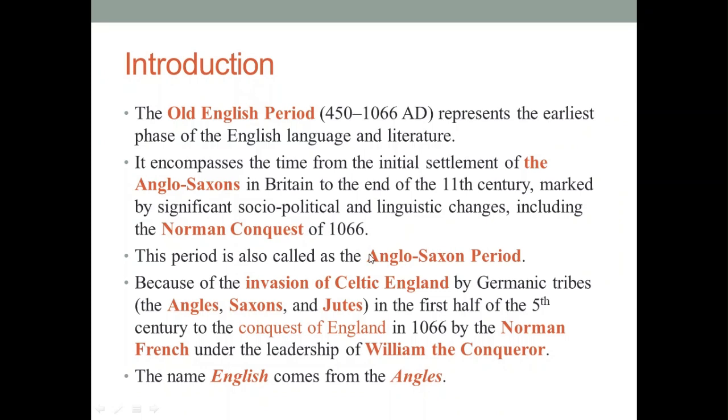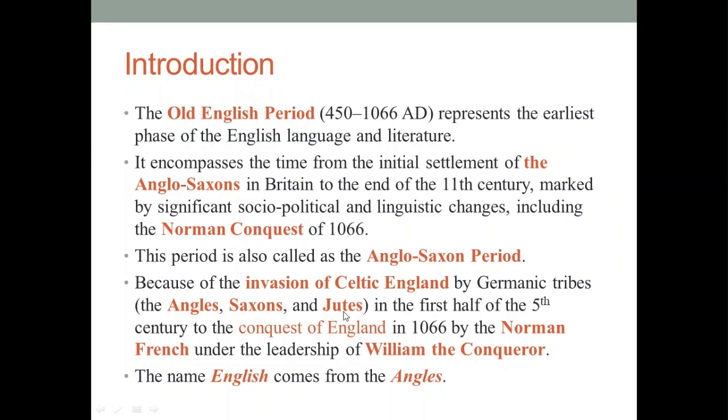So this period is also called the Anglo-Saxon period. Why? Because of the invasion of Celtic England. England was invaded and conquered by Germanic tribes. The Germanic tribes are Angles, Saxons, and Jutes.